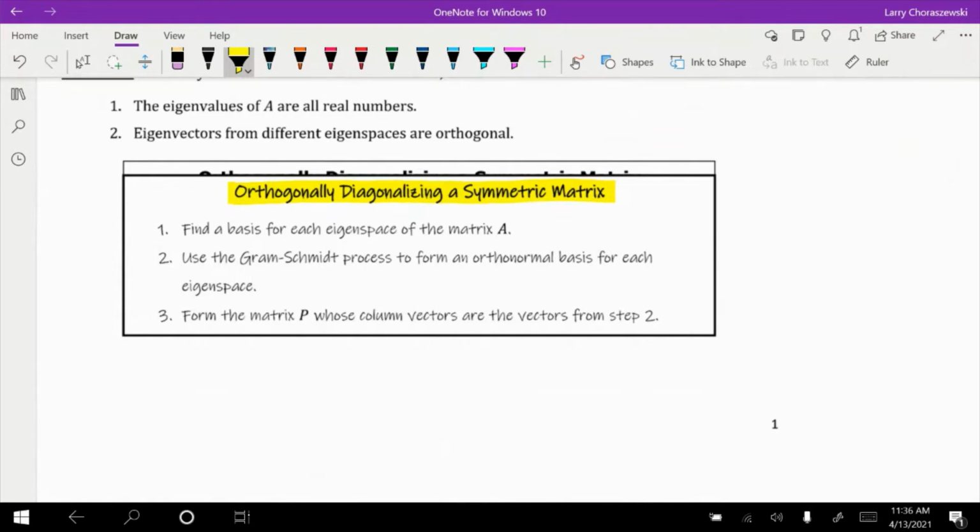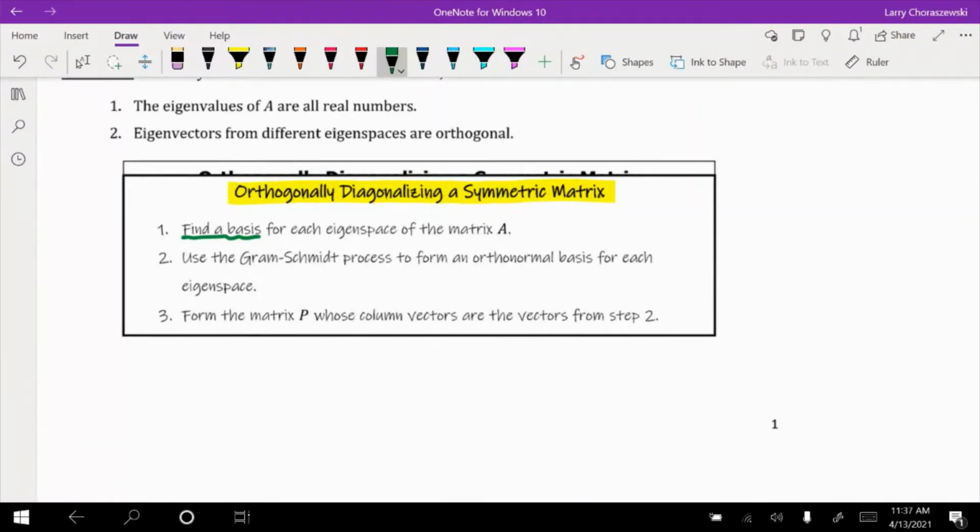All right, so it does boil down to 3 major steps. There's a little bit of work involved, but here's what we're up against. Number 1, we want to find a basis for each eigenspace of the matrix A. So we have to find the eigenvalues of the matrix A as well as the basis vectors.